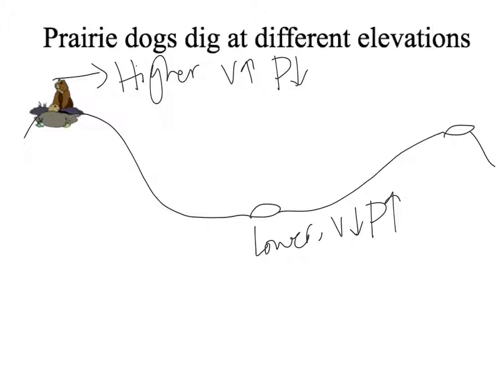So what's going to happen here is the air from the higher pressure is going to get pushed up toward the lower pressure. And the prairie dogs have an airflow. And these are on the prairies. This is a very windy area, unlike some places.